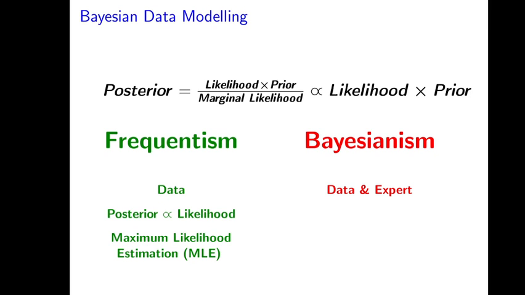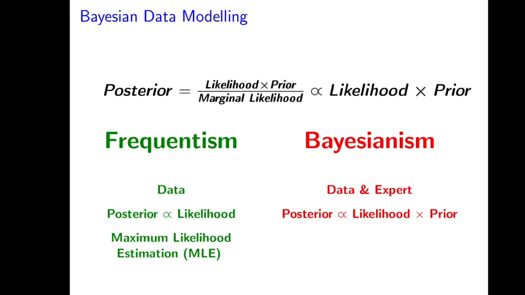On the other side, the Bayesianism depends on two sources of information to draw the required estimation, or the posterior estimation. We use the first source, which is the data, and we use a second source, which we call an expert, which is the prior estimation, or the prior probability distribution that we employ beside the likelihood distribution in order to draw our posterior estimation.